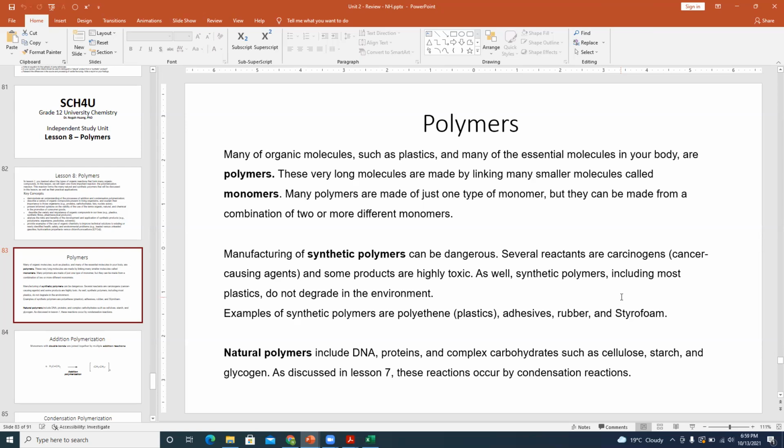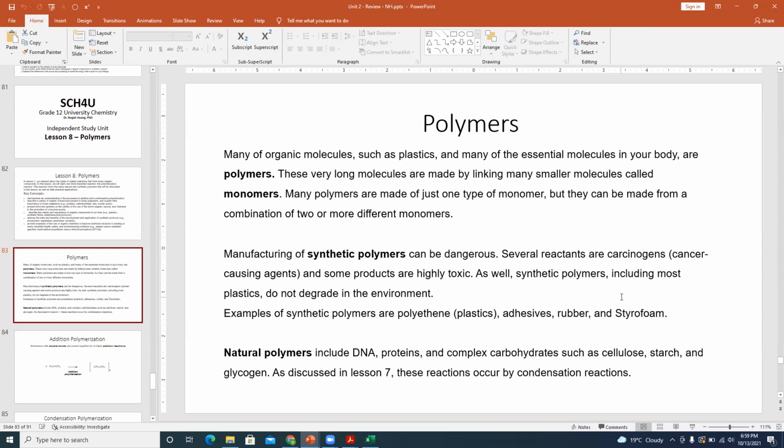And oftentimes the manufacturing of these synthetic polymers is quite dangerous, as many of the reactants are carcinogenic. They're cancer-causing agents. And some of the products that they produce are also quite toxic.